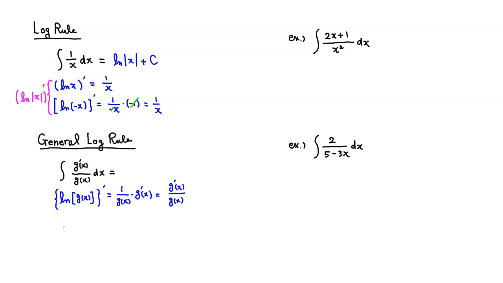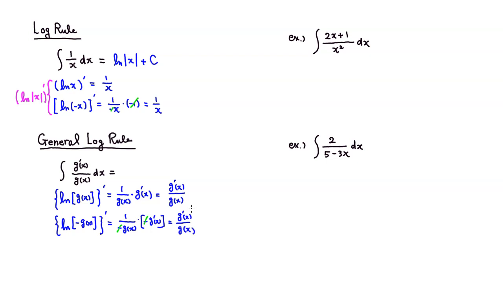If you have the natural log of negative g of x and take the derivative, you get 1 over negative g of x multiplied by the derivative of negative g of x, which is negative g prime of x. As before, we can cancel the negative sign on the bottom with the negative sign on top. You get exactly the same thing, g prime of x over g of x.